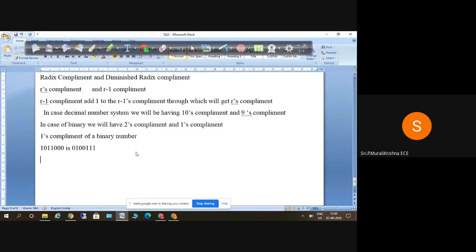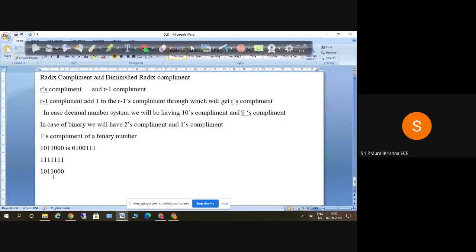The procedure is like this: we take all ones, 1111111, minus 1011000. I have to subtract the given number from all the ones. That is the 1's complement generally.